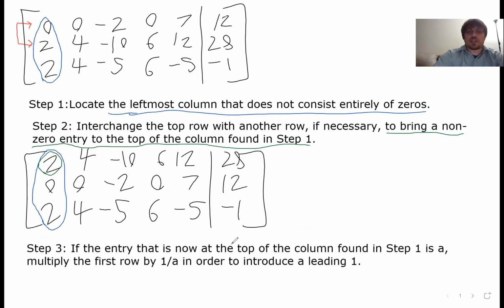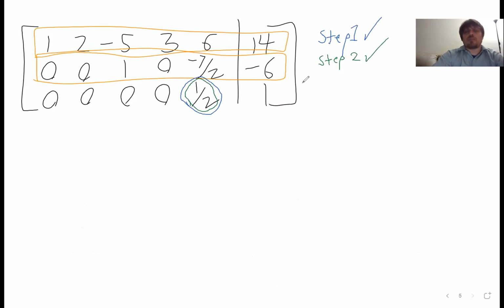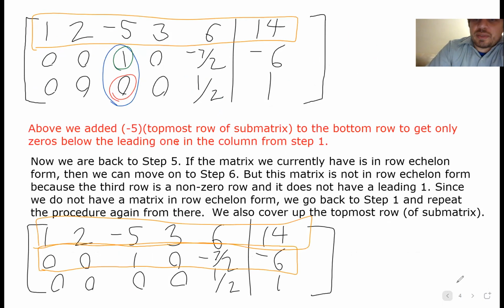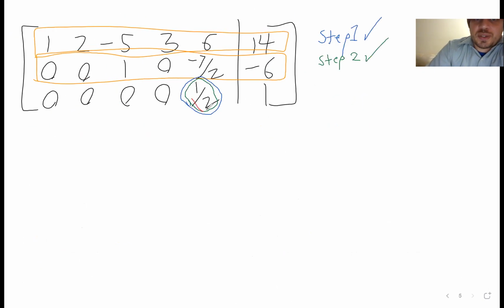Step 3: if the entry that is now at the top of the column found in step 1 is a, multiply the first row by 1/a in order to introduce a leading 1. We want that to be a 1, but it's not a 1.